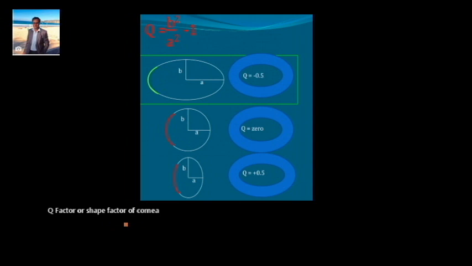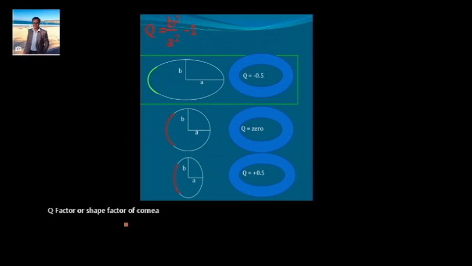By prolate we mean that it has a steep cornea in the middle, and in the mid periphery it is flatter. So that's basically a prolate cornea. The more prolate the cornea, the lesser the spherical aberration. On an average, the prolate cornea would be around minus 0.26, which would have a spherical aberration of around plus 0.275.